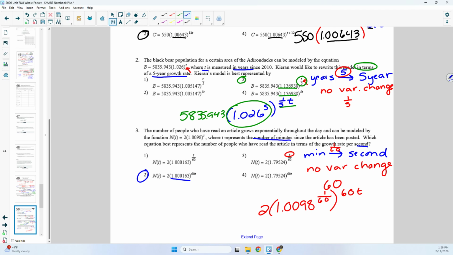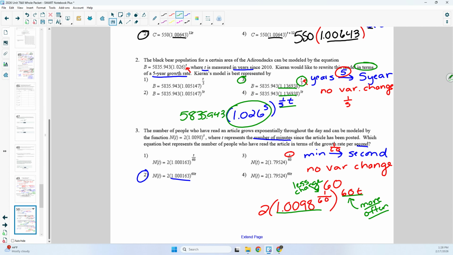And that shows the 60 in the front. So just stepping back a little bit, we're doing seconds, so there's less change more often. And that should make sense, right? Seconds happen more often, so I'm multiplying the t by 60, but there's smaller pieces of change, which is why I need the 1/60 with the base.